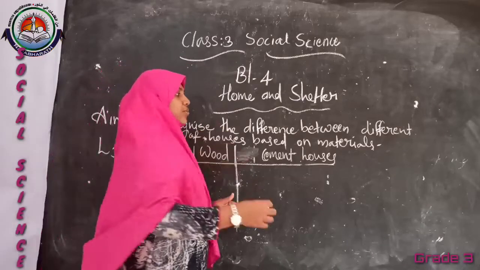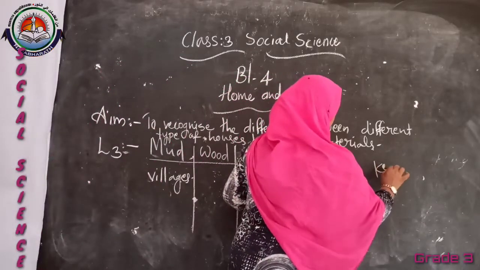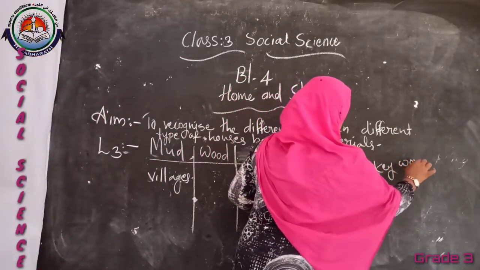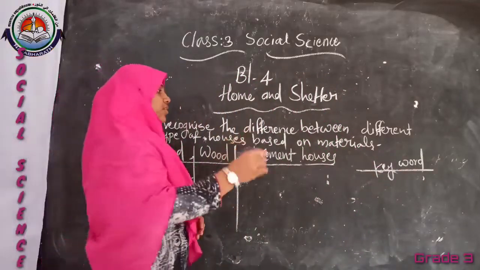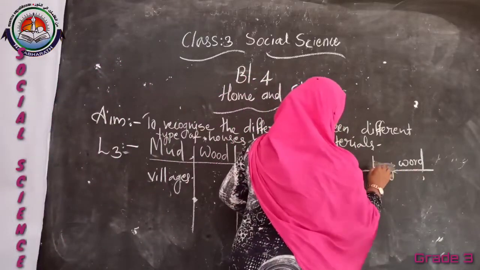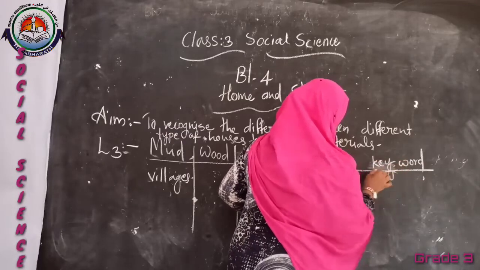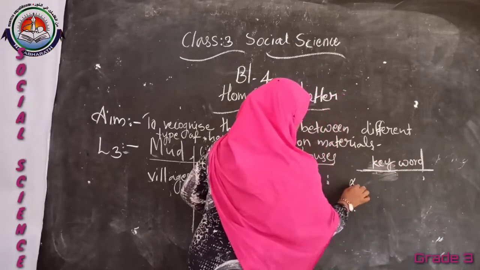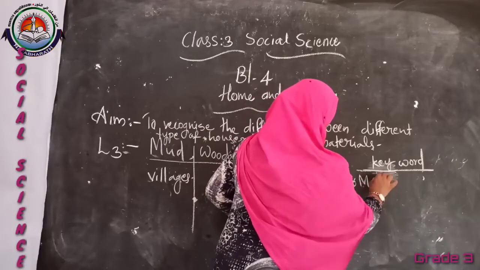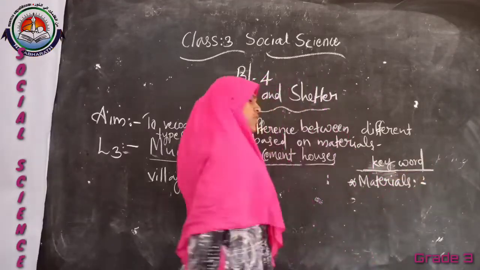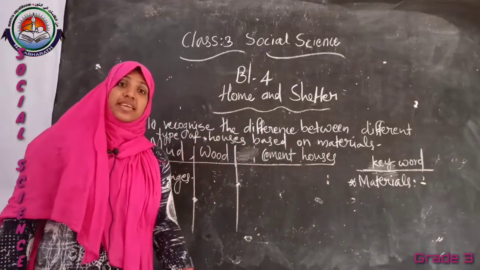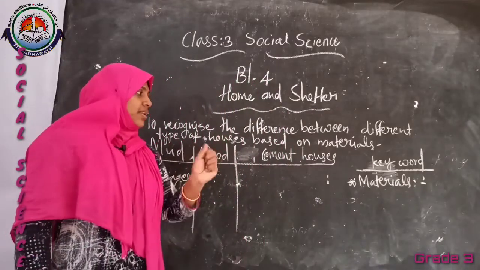So here I forgot to write the keyword. What is the keyword of this lesson? Keyword of this lesson is materials. Do you know what is the meaning of materials?